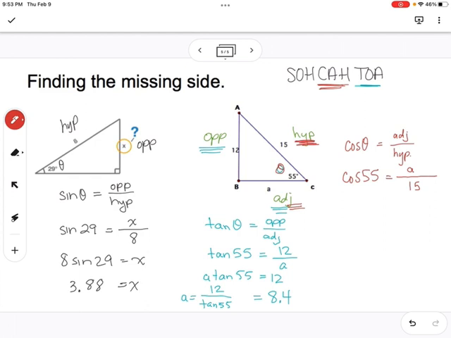Okay, so we need to get A by itself, which means we're going to move the divide by 15 to the other side. The opposite of divide is multiply, so we're going to have 15 times cos 55 equal to A. In my calculator, I'm putting 55 cos times 15 and I get an answer of 8.6.